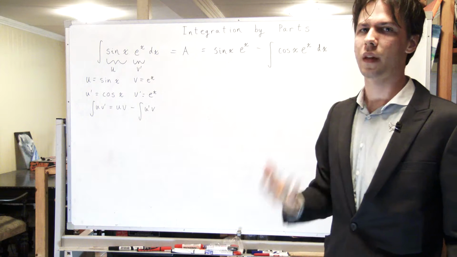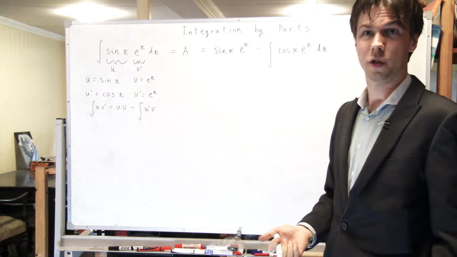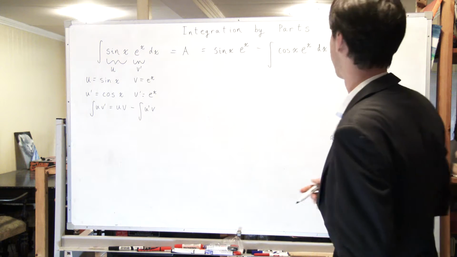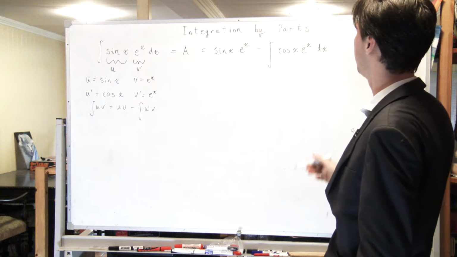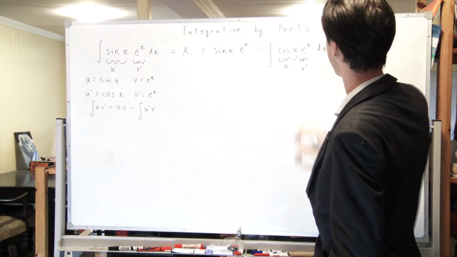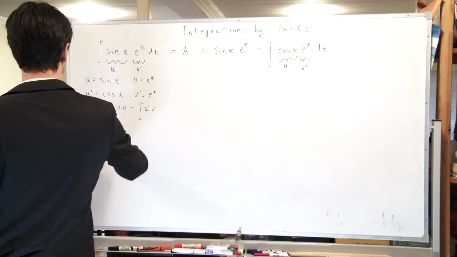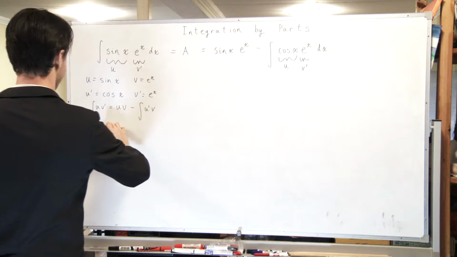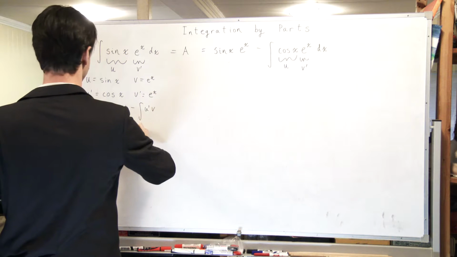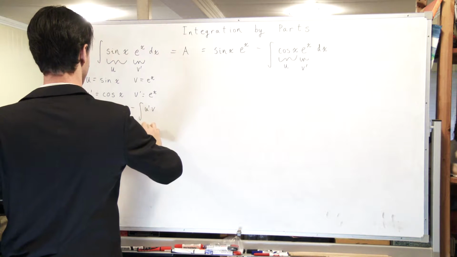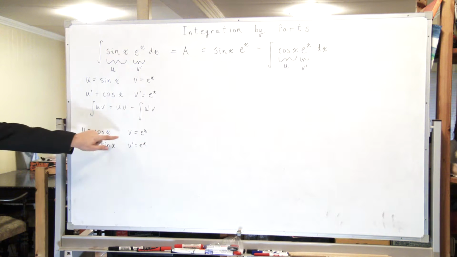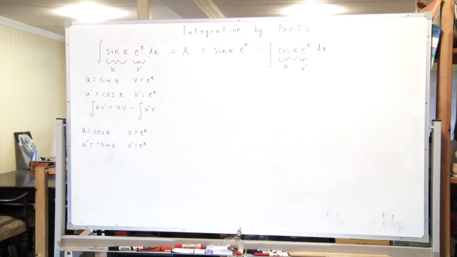So at first glance, it looks like we haven't really changed anything, but we're getting closer to a solution. We just have to apply integration by parts again. So I found u dash and v for this integral over here.